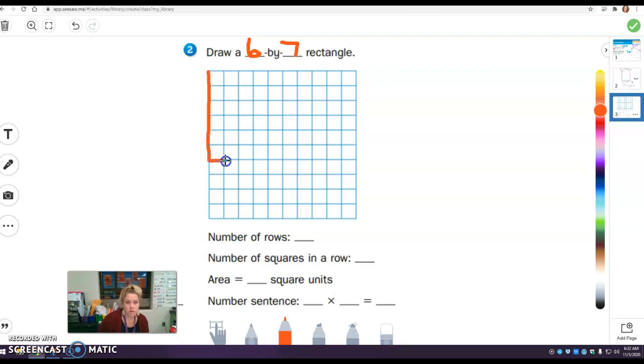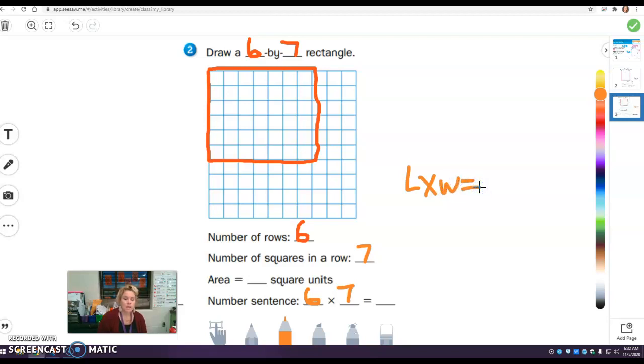And then 7 across. 1, 2, 3, 4, 5, 6, 7. And 6 up. And 7 across. Okay, so we have 6 rows, and the number of squares in each row is 7. So we are doing 6 times 7 to get our area, length times the width.